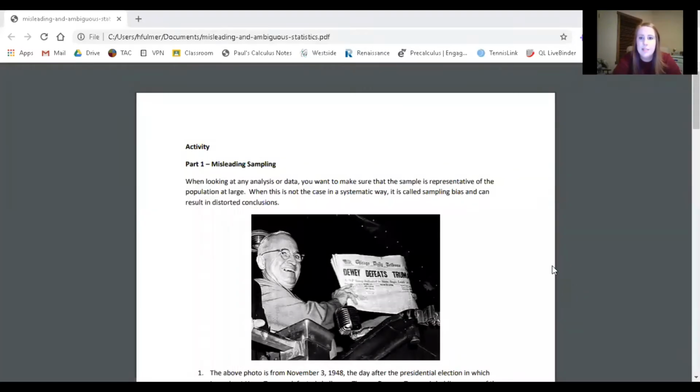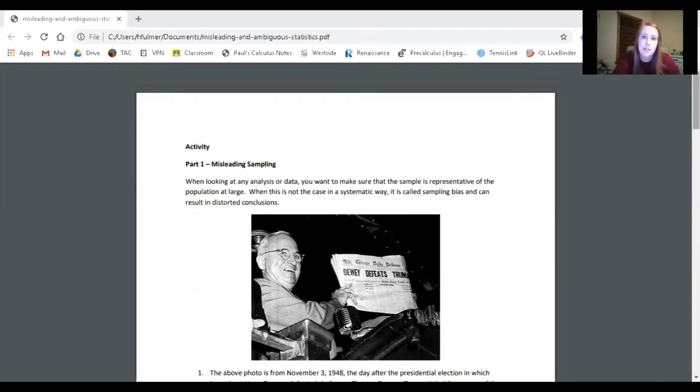So the assignment that I have for you this week is an assignment about misleading or ambiguous statistics. Let me pull it up so you can see. Okay, so it's attached to the assignment in Google Classroom.